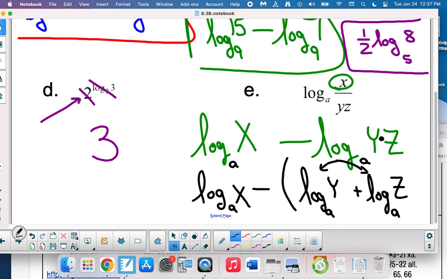So yes, you do need grouping symbols. You have to tell me you want me to subtract that number and subtract that number.